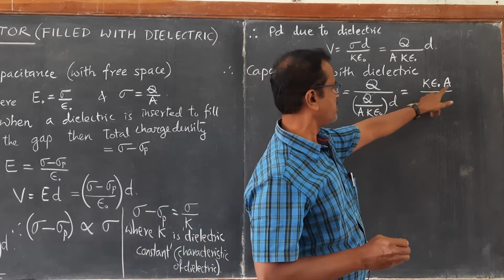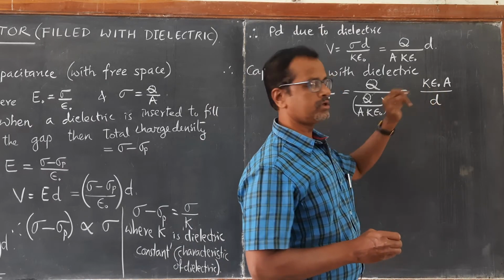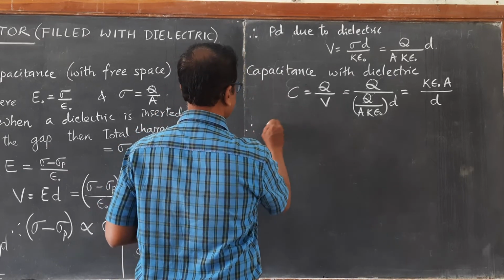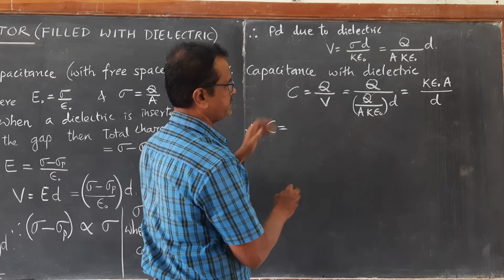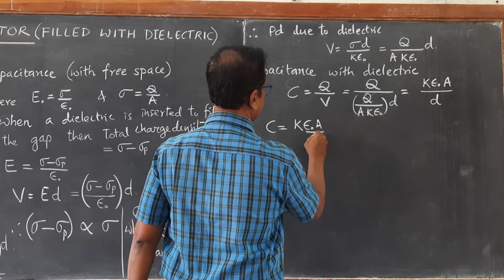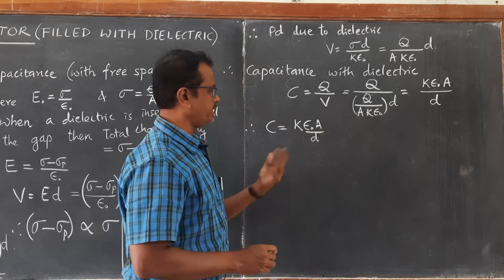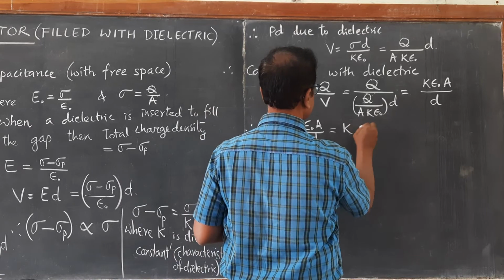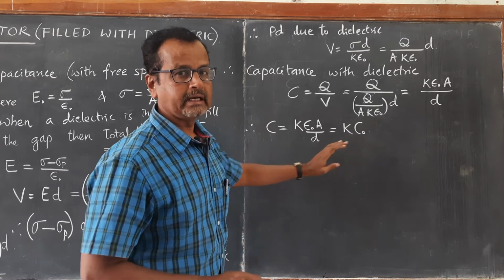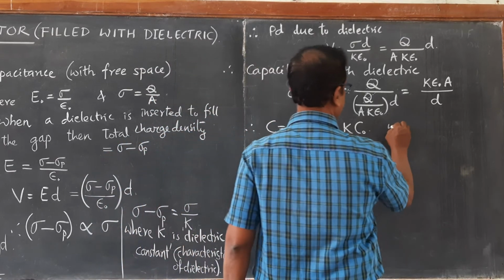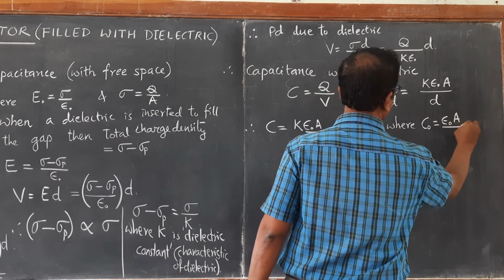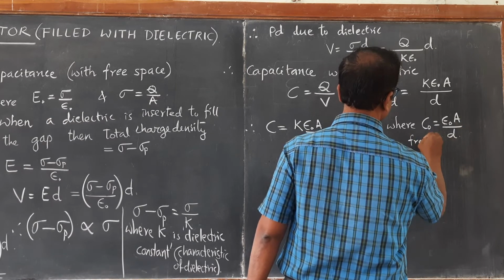So, in addition to epsilon naught A upon D, we get a constant K, and this constant K is always greater than 1. Therefore, we get capacitance of the capacitor with the dielectric is equal to K times epsilon naught A upon D. So, we know epsilon naught A upon D is nothing but C naught, where C naught is capacitance of the capacitor without dielectric, with free space, where we have written already C naught is equal to epsilon naught A upon D. This is with free space.